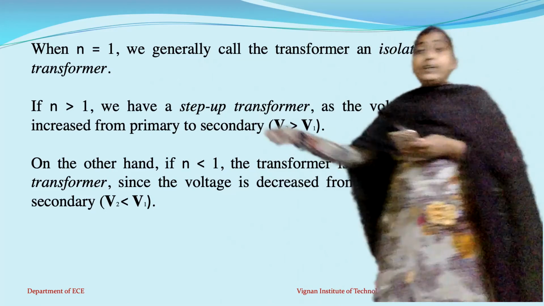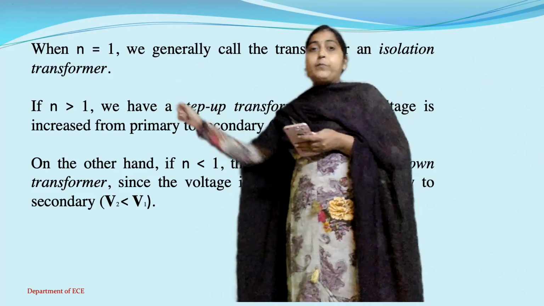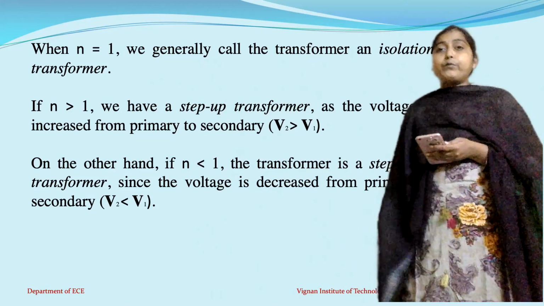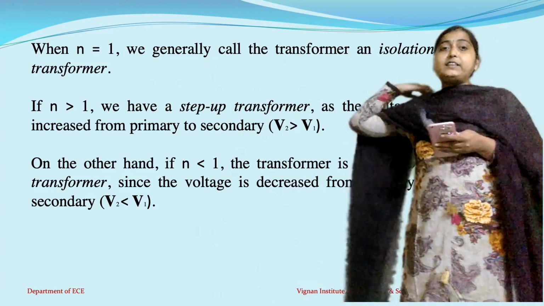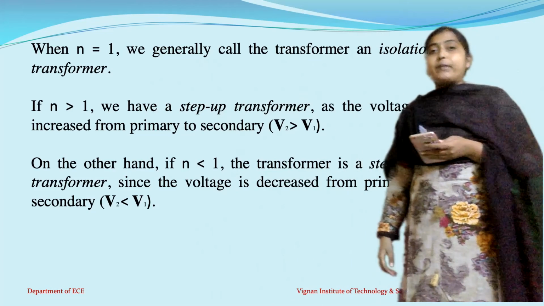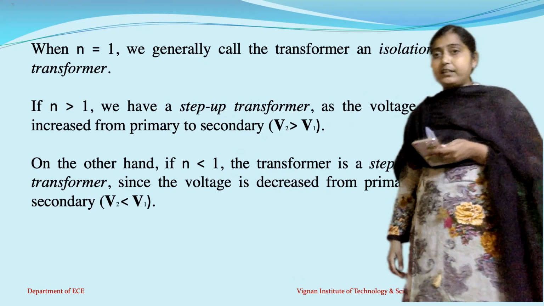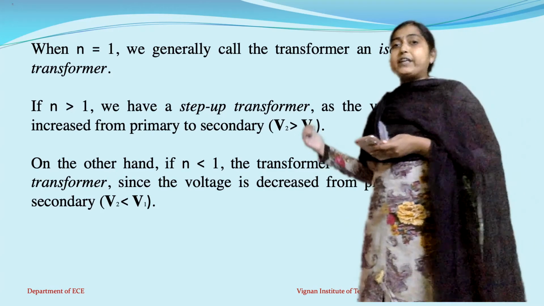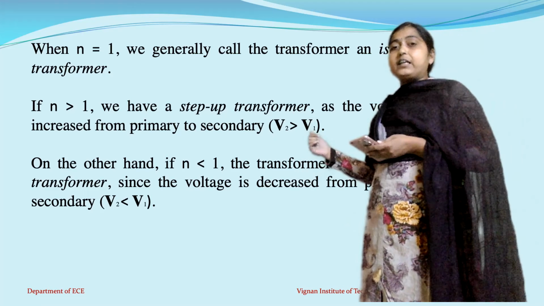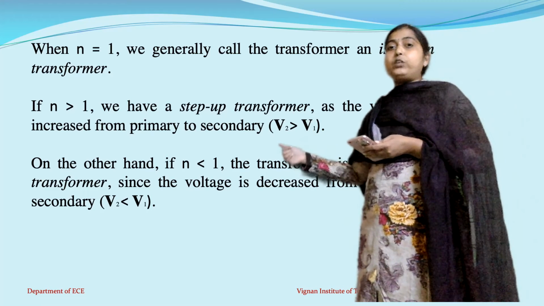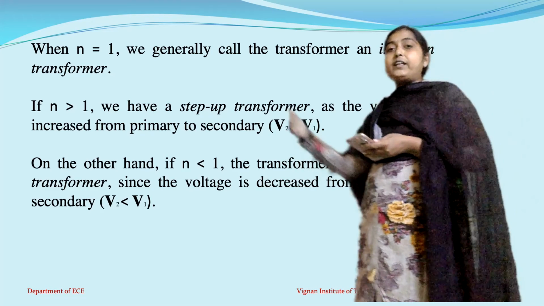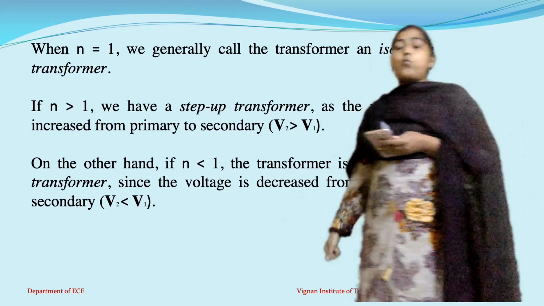Similarly, if N is greater than 1, then we say that it is a step-up transformer, as the voltage is increased from primary to secondary. That means the voltage on the secondary is always greater than the voltage in the primary winding, that is V2 is greater than V1, provided N is greater than 1.